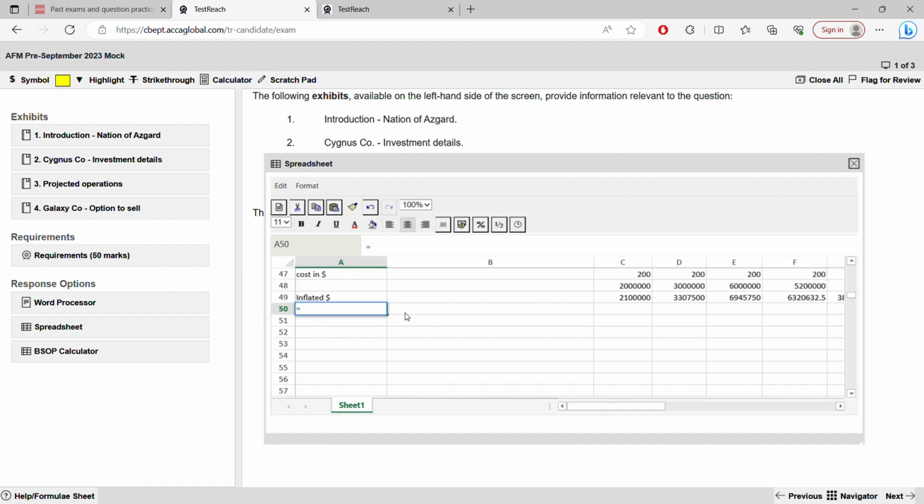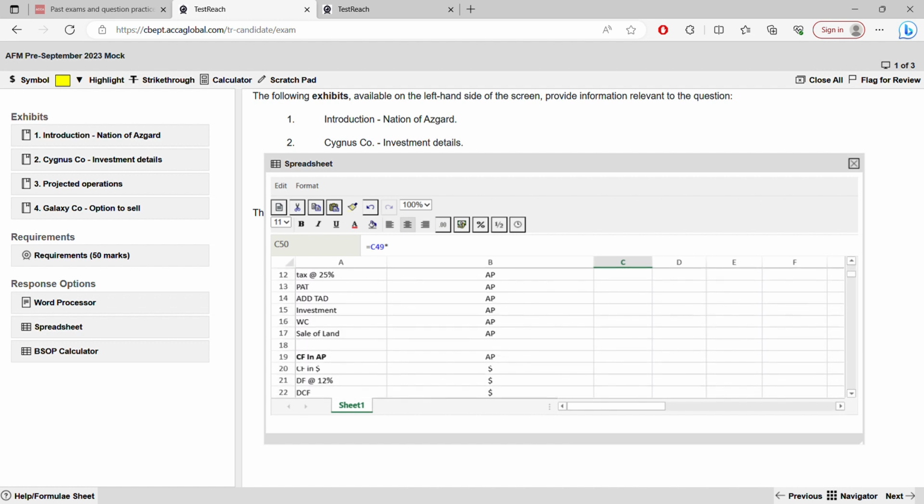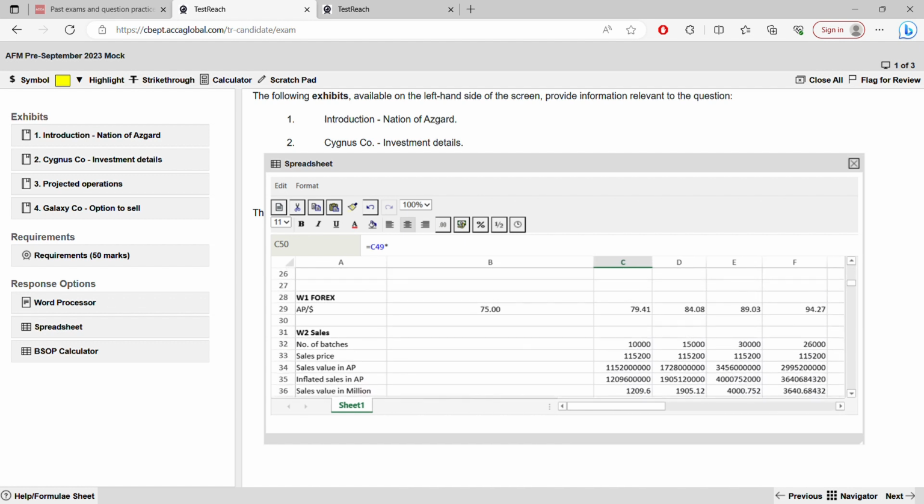So equal to, you need it from year 1 onwards. Here, inflated AP. So you go here and multiply this with this. Enter.